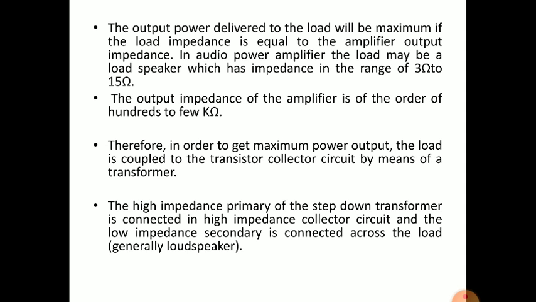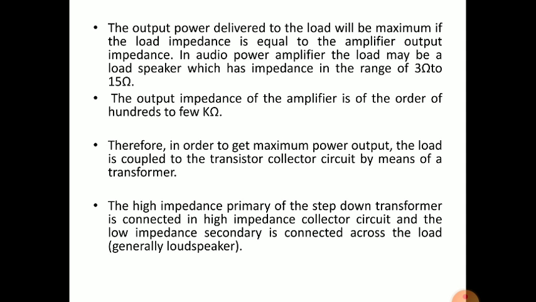But besides this advantage, we have some disadvantages also. As you know already, the circuit will become bulky and costly, expensive. Right, moving on to the next point. The output impedance of the amplifier is of the order of a few hundred kilo ohms. Therefore, in order to get maximum power output, the load is coupled to the transistor collector circuit by means of a transformer.